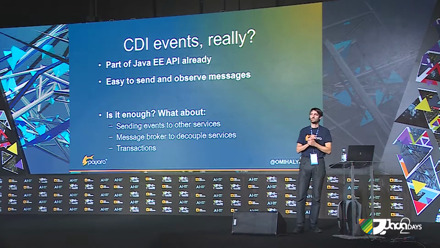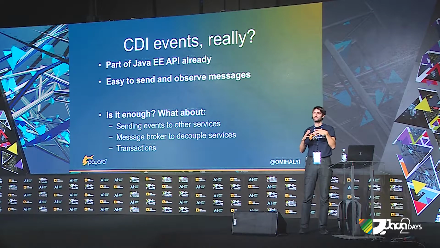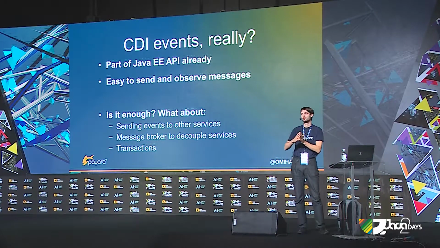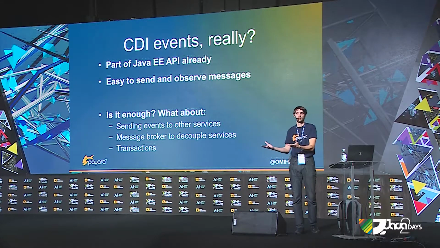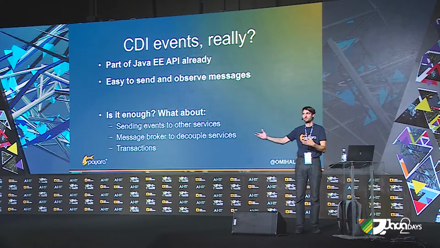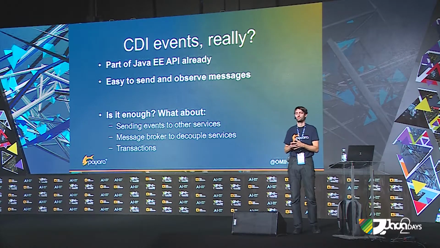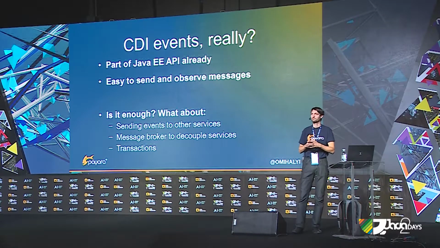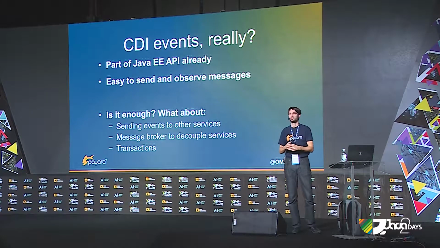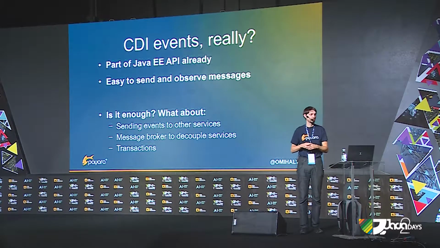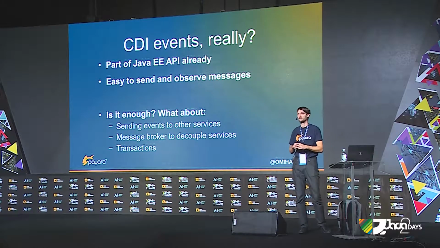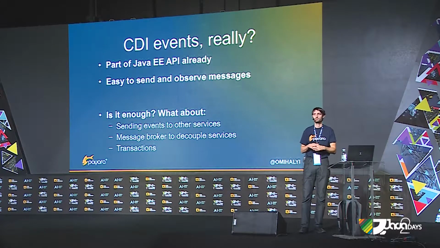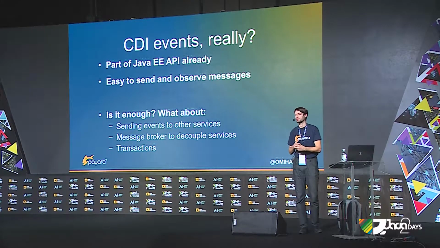But there are ways to catch all the events you send and transfer them to another service, especially if you already have something like Hazelcast or a distributed cache that supports sending messages across queues or topics. Then you can very easily build a mechanism that catches events in one process and sends them to all the interested parties somewhere else. And it's very easy to build this. It can be done with a CDI extension, maybe 100 lines of code if you already have the technology. And the technology is already there.